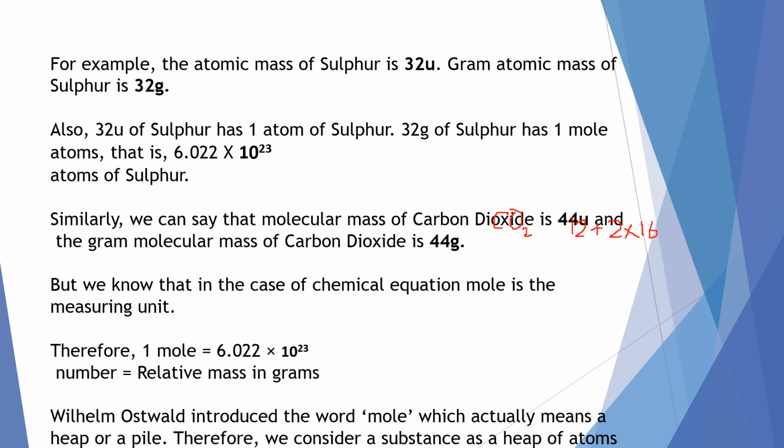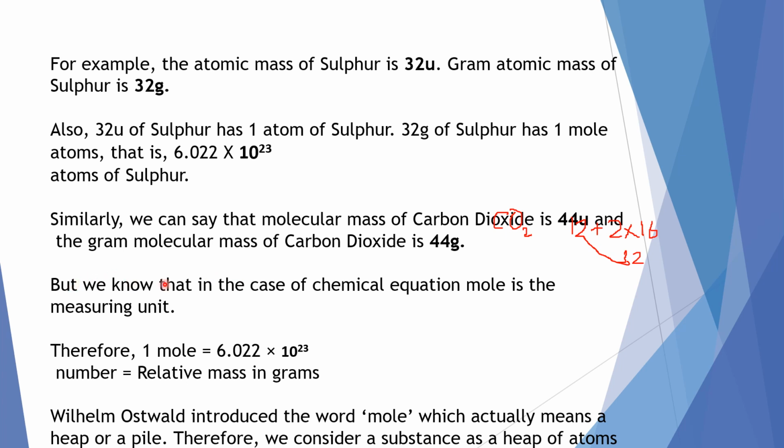So 16 into 2 is 32, 32 plus 12 is 44. So molecular mass, same like atomic mass, of carbon dioxide is 44 U, and the gram molecular mass of carbon dioxide is 44 gram. So did you understand the difference between this U and this gram?